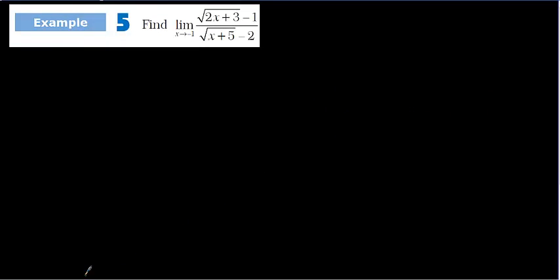Okay, the next question. Here, this is another example where we cannot use the factorization method, so I have to get the derivative of this expression, and I'm going to get the derivative here like this. Limit x tends to minus 1 of the derivative of square root of 2x plus 3 minus 1 over the derivative of root of x plus 5 minus 2, sorry.